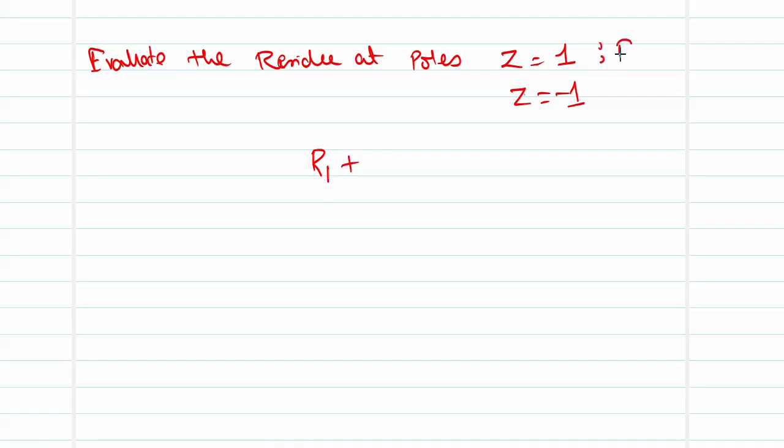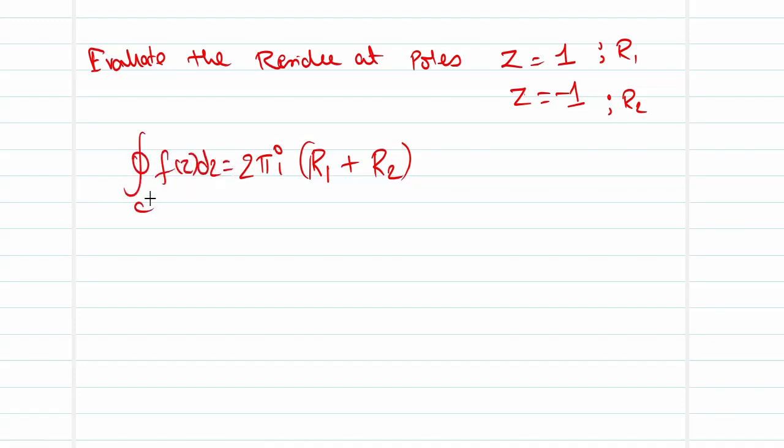Let me keep this as residue 1 and this as residue 2. After adding residue 1 and residue 2, you will have to multiply it by 2 pi i, and this gives you the value of the integral of f of z dz. So this is going to be our roadmap. We are going to estimate the two residues at the poles, add them, and multiply by 2 pi i.